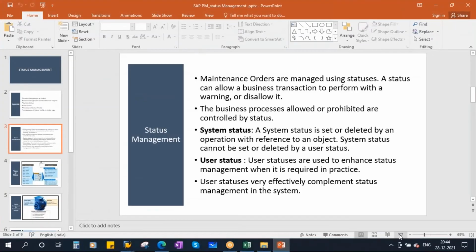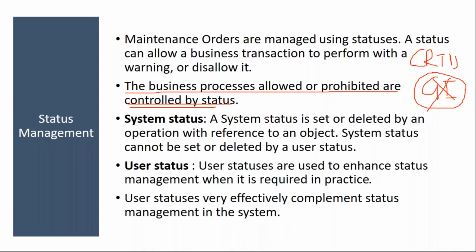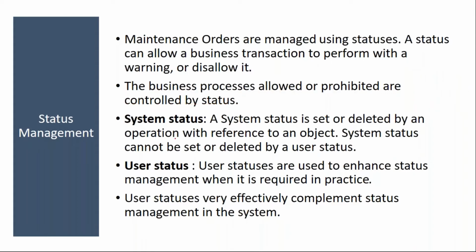The business processes allowed or prohibited are controlled by the status. So now you see it is not allowing goods issue as the order is in created status. That means it is controlled by the status. Now we have two types of statuses: system status and user status.